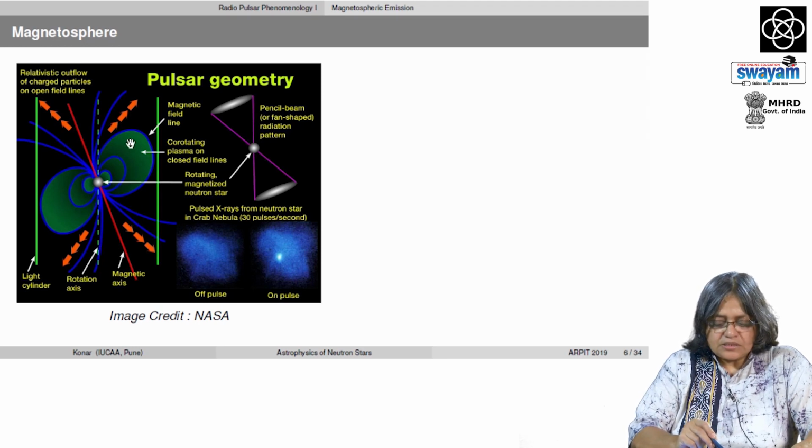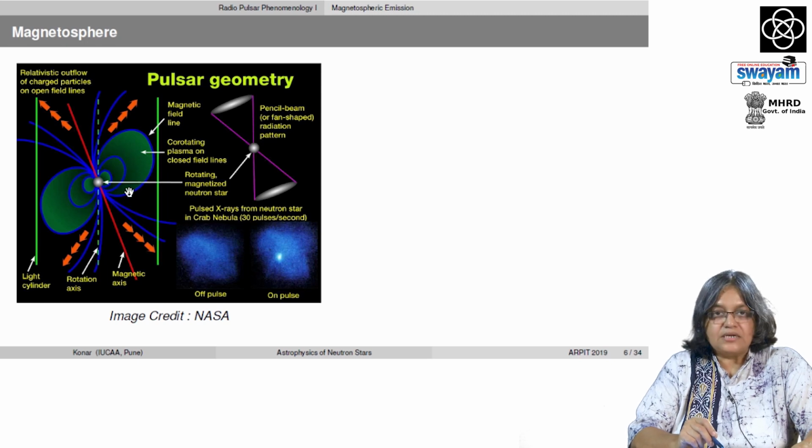Now, in this region of closed field lines that close within the light cylinder radius, there would be a huge amount of charged particles. The particles will basically neutralize the electric field, and this region is known as the space charge limited region.